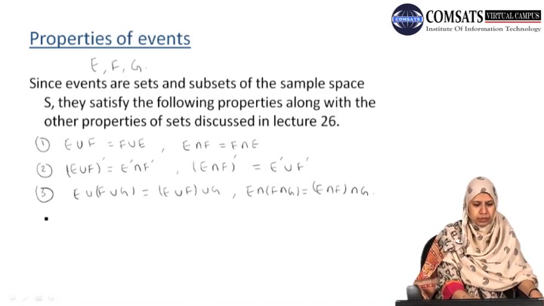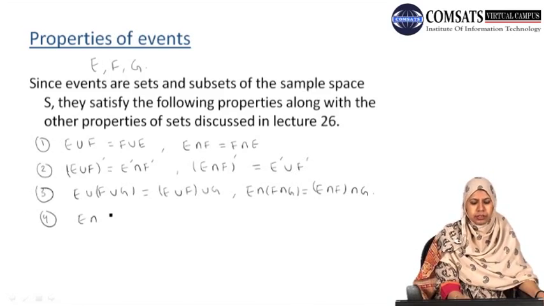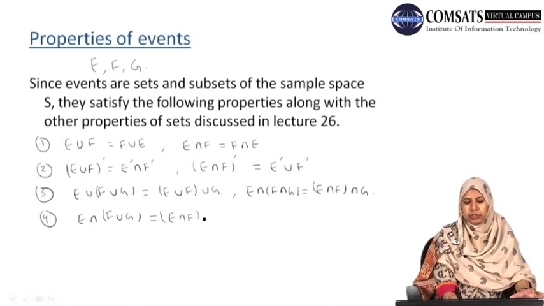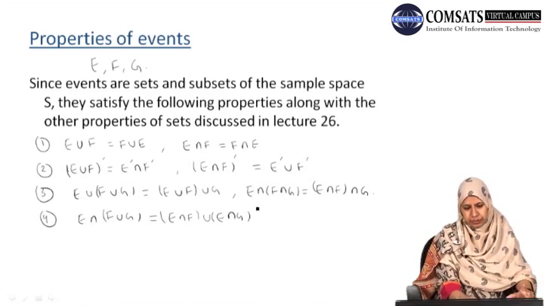The fourth property: we have the union of two events intersected with the third event. How can we simplify it? This is equal to the intersection of two events union with the intersection of the other two events.